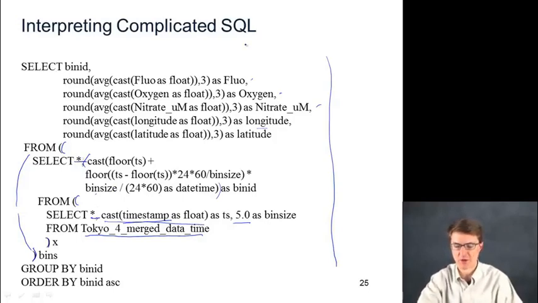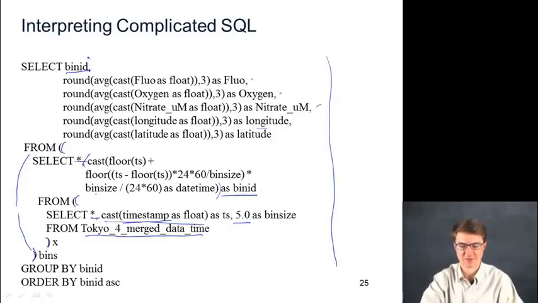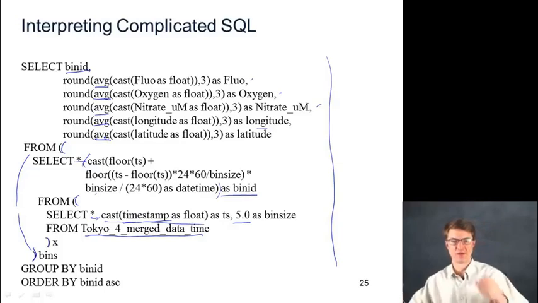Then finally, in the outer query, we have bin ID, which we computed here. Notice that we've got this renaming operator where we can have this complicated expression and just give it a nice, convenient name. So we got that passed through, and then we compute the average latitude and the average longitude within that 5-minute window as well.